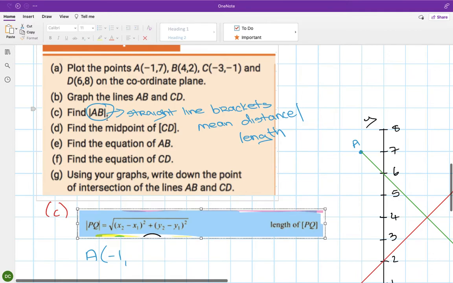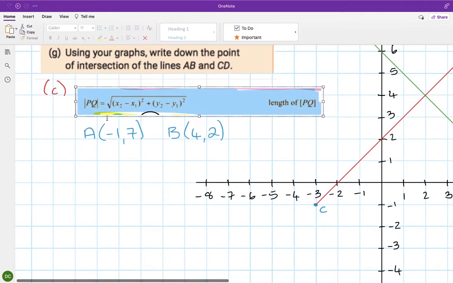So that's why I chose A and B. Is that okay? Okay, so label them X1, Y1, X2, Y2. Just make sure you put them in the right places. So I'm following the formula.